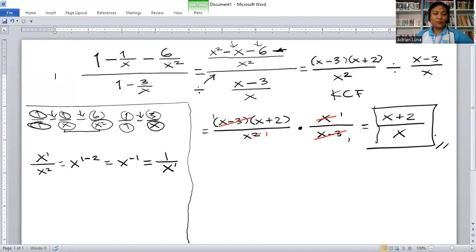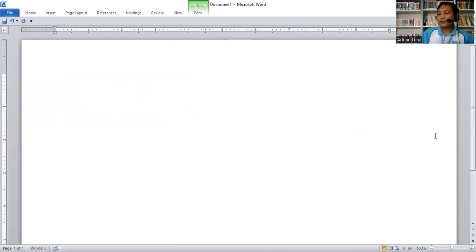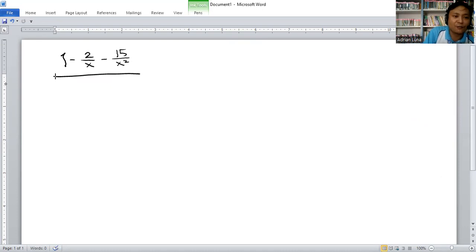Madali lang, di ba? So let's try another example. And let's say I have this problem like 1 minus 2 over x minus 15 over x squared, all over, that would be our main fraction bar, 1 over x squared minus 5 all over x cubed.